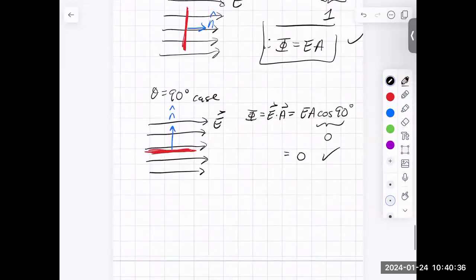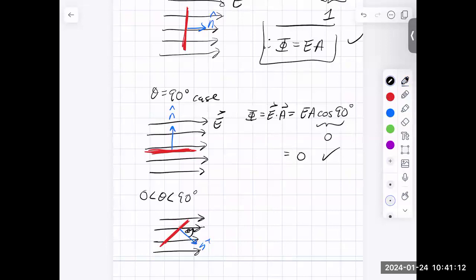Okay, just for completeness, I'll draw the last case. So the last case is, let's say theta somewhere between 0 and 90 degrees. That's really the case that we just did above, but we'll draw it again. Okay, so I'll just make some arbitrary angle for my area. I'll draw my unit vector n hat, and this is the angle theta between the electric field and n hat.